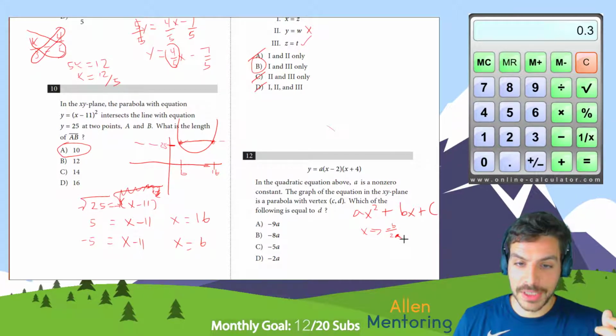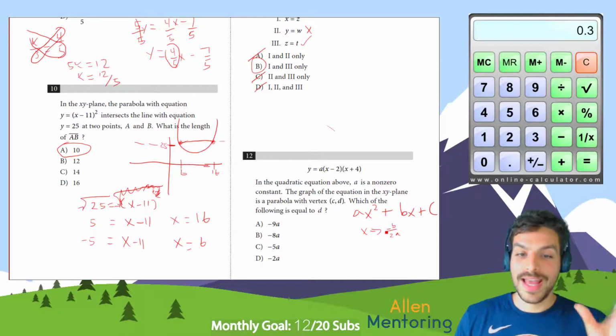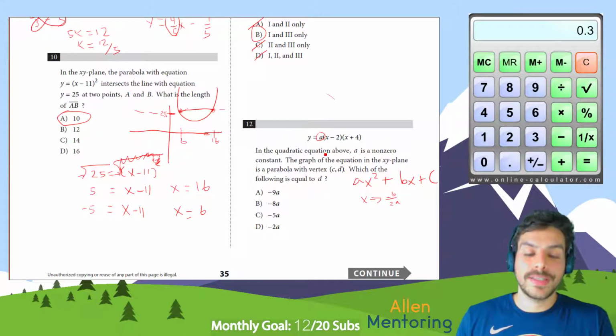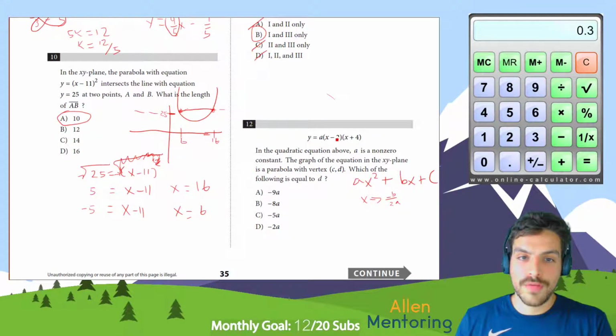This is actually a really good flashcard to have. So the x value of the vertex is equal to negative b over 2a. This a is just purely coincidental. All right, so let us first solve this by foiling, and then we'll distribute the a in a little bit.